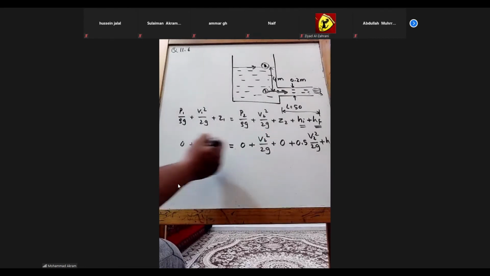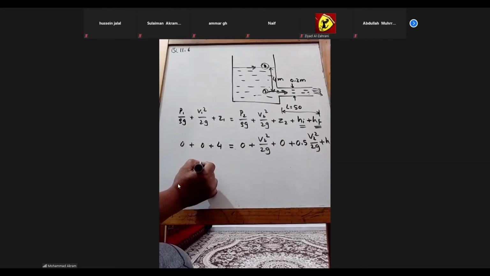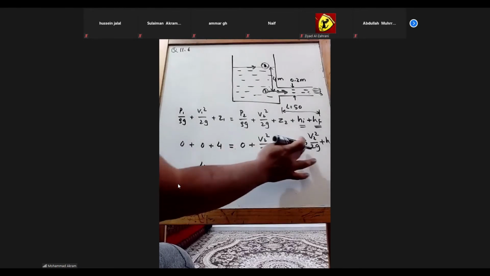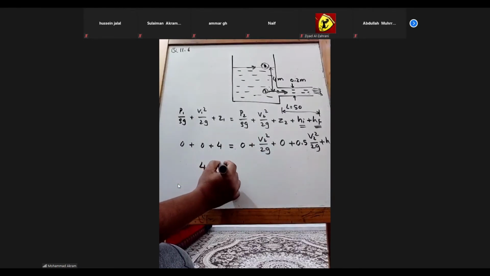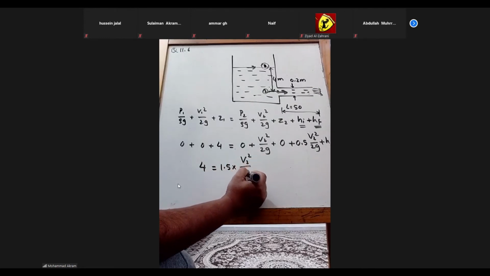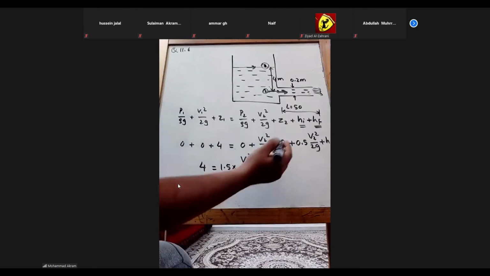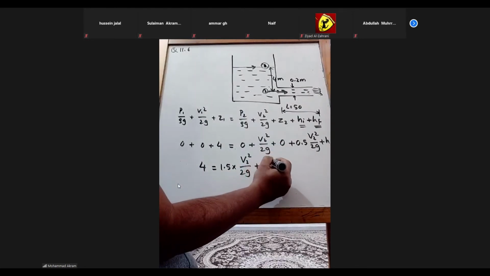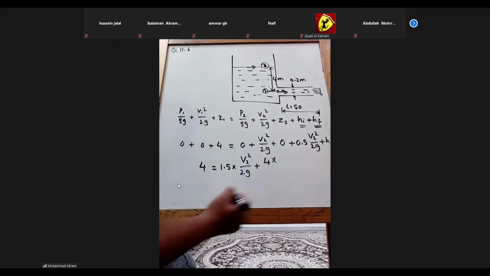So if I separate this, 4 equals to, this is 1, this is 0.5, so it will become 1.5 into V2 square divided by 2G plus HF, which is 4 into F.